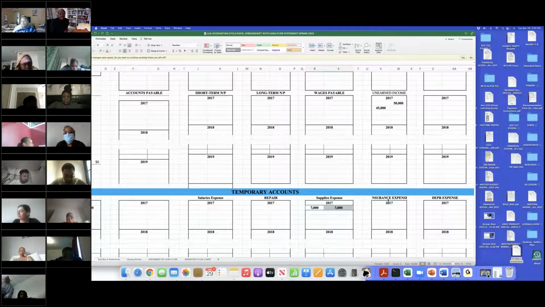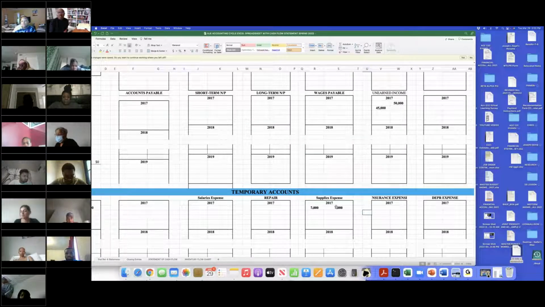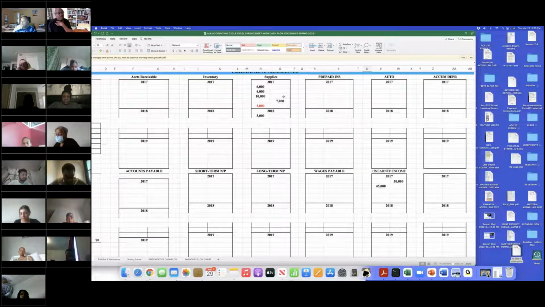On the supplies expense, each year, these are the temporary accounts. They're all closed out. Anything below this line is closed out each year. But above the line, the balance is carried forward. Does everyone see that? And it's only accounts above this line that are going to be on the balance sheet.